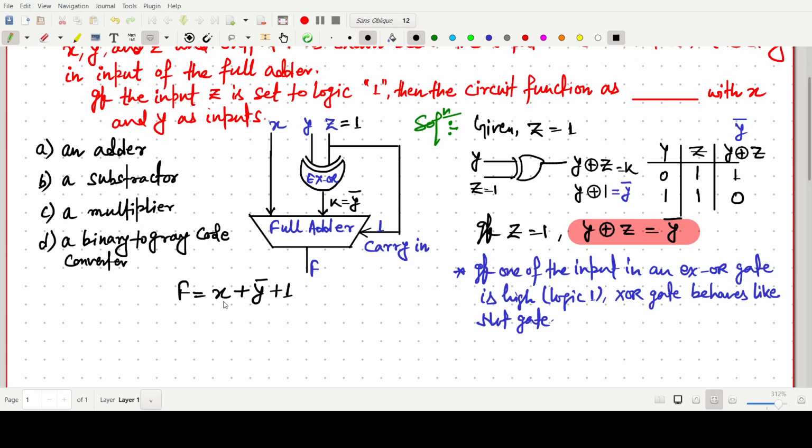The full adder operation will be just the sum of X plus Y bar plus 1.